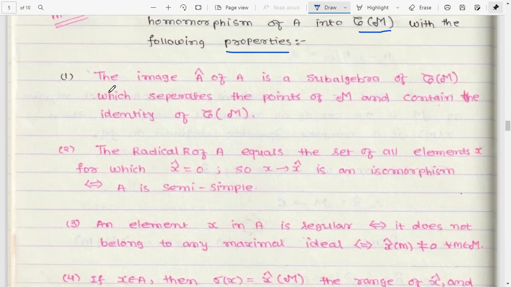First property: the image A cap of A is a subalgebra of script C of script M, which separates the points of script M and contains the identity of script C of script M.